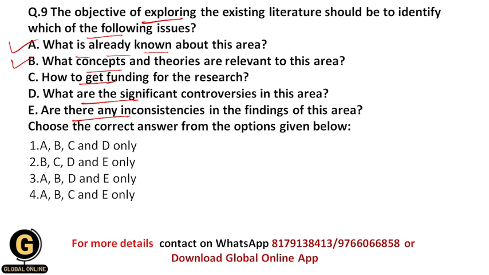Then what are the significant controversies in this area? We should know that, so for that again we review the existing literature, and we need to know whether there are any inconsistencies, meaning any gaps in the findings of this area or not. That's why your correct answer over here should be 3, that is A, B, D and E only.